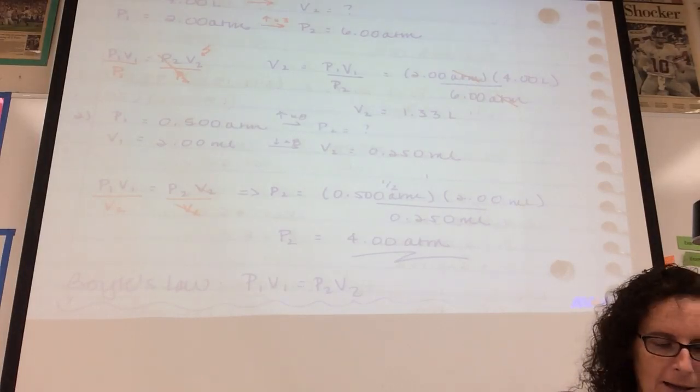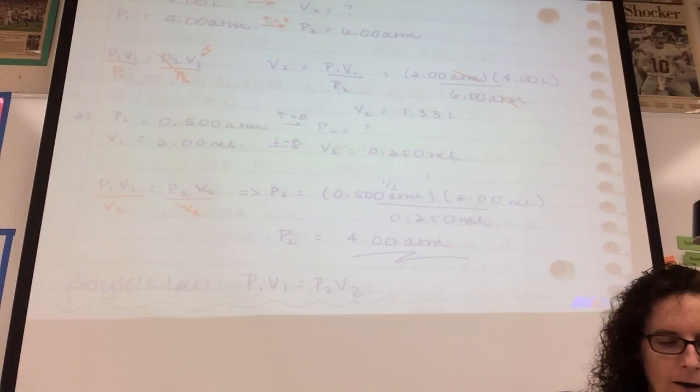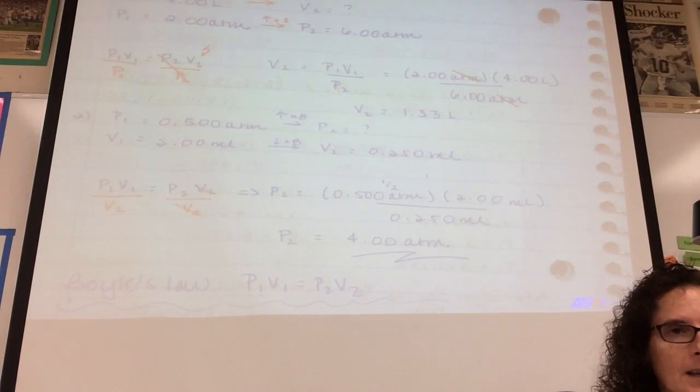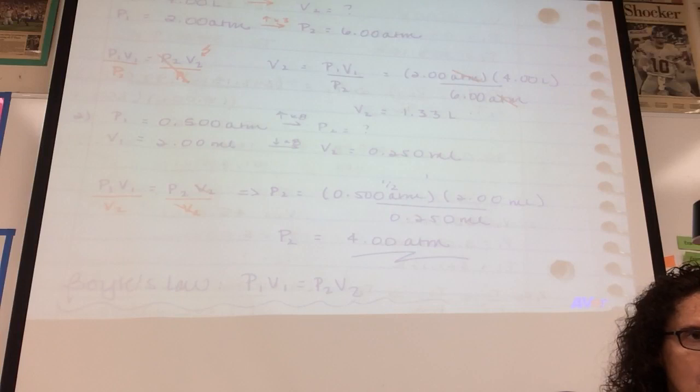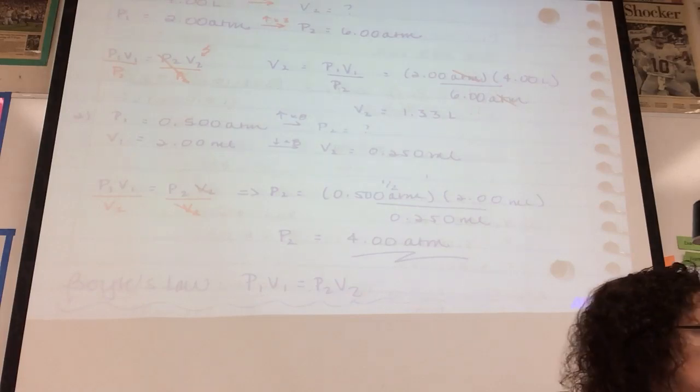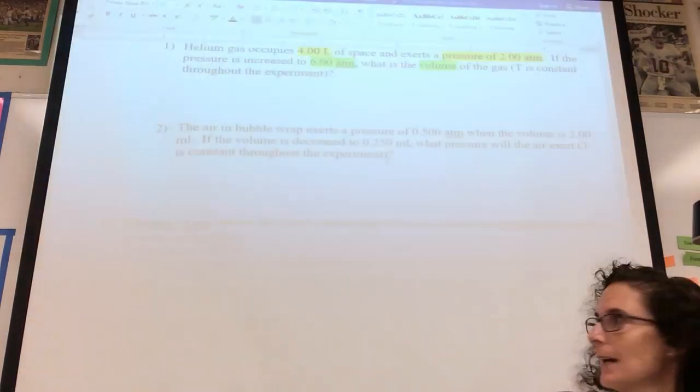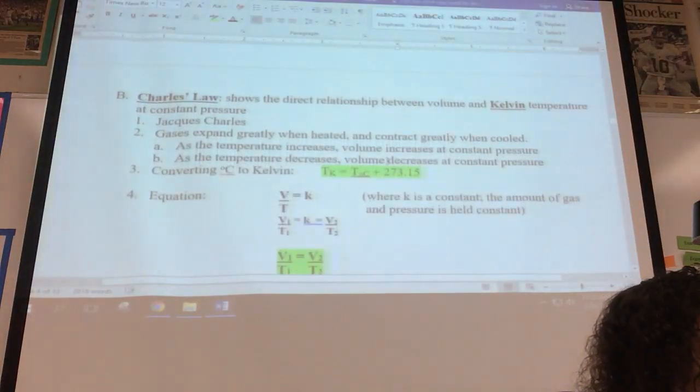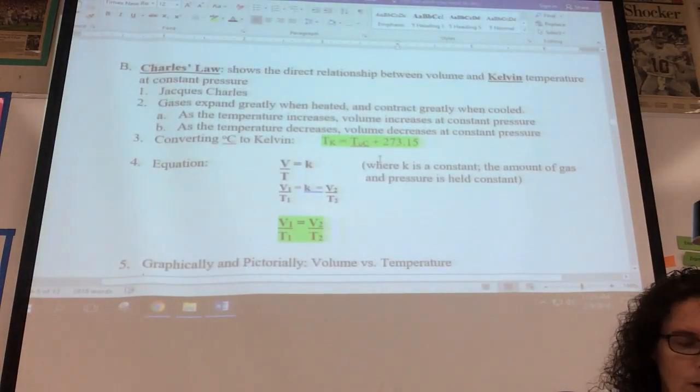The next two gas laws that we are going to talk about show direct relationships. Be very, very careful in this chapter. Whenever dealing with temperature, you must be in Kelvin, or you will crash and burn. Careful, careful. The next gas law we want to mention is Charles' law.